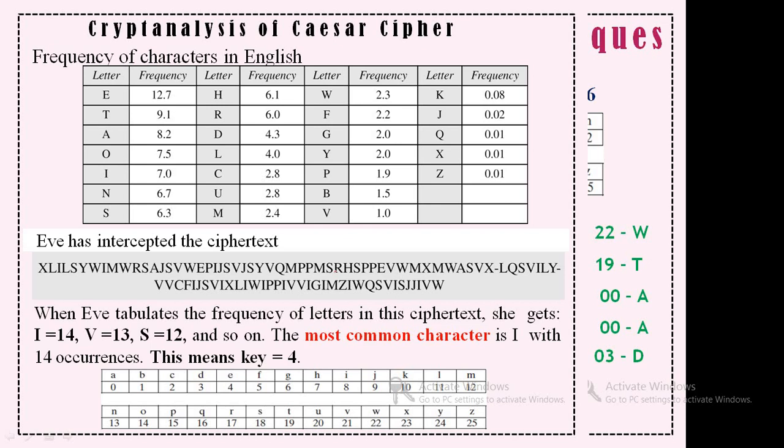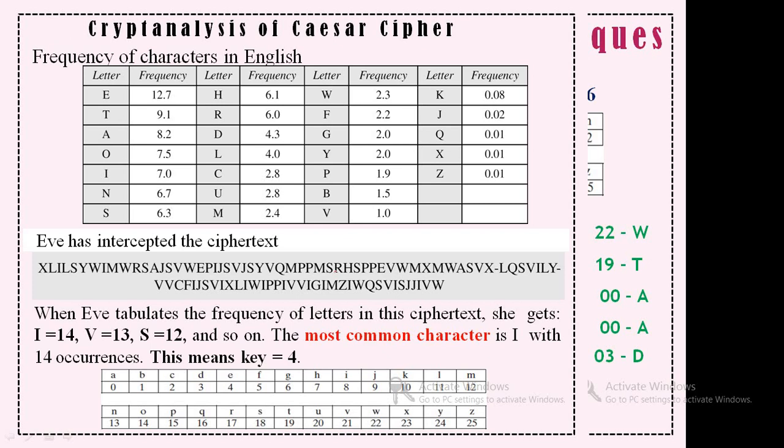For example, if you observe this huge cipher text which looks very promising and pretty secure, I has appeared 14 times if you go on counting one after the other, V 13 times, you can see it's mentioned over there, and S 12 times.